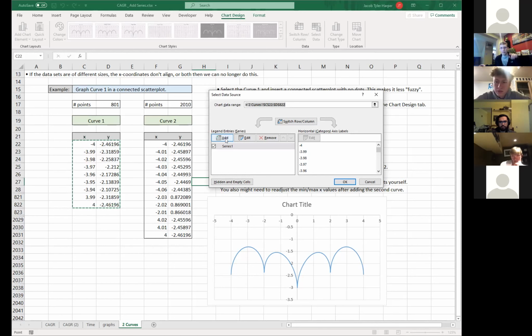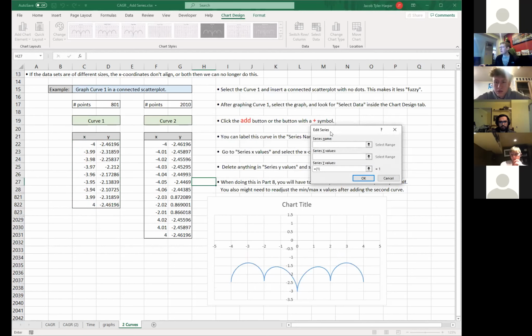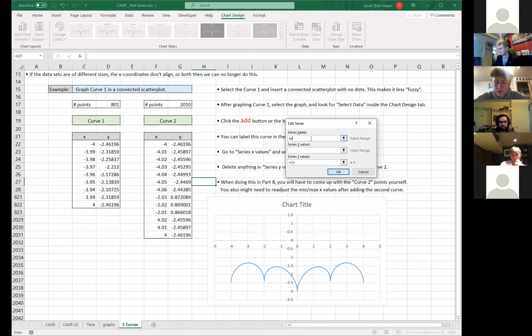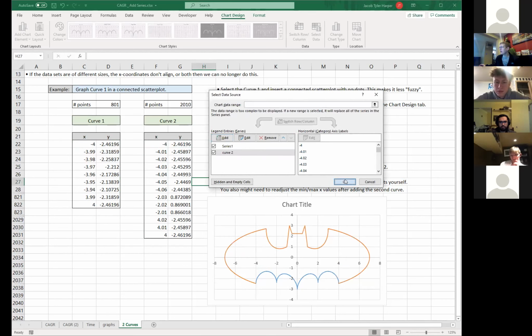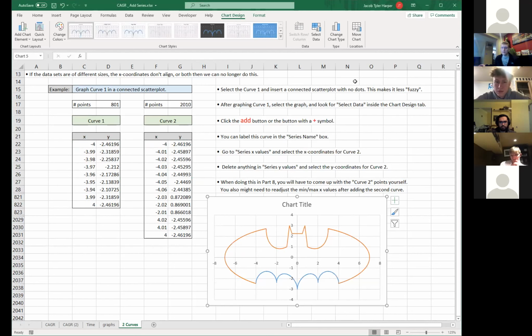You're going to be looking for a plus symbol, also to add a line. So I click that, and it asks me, okay, what's the name? I can call it curve 2. Honestly, it doesn't matter. You can leave it blank. What are the x values? Easy, they're right there. What are the y values? Get rid of this thing. Easy, they're right there. Hit OK a couple times. There's our graph, has both lines on it. That's how you deal with the fact that these two things had some sort of size mismatch.